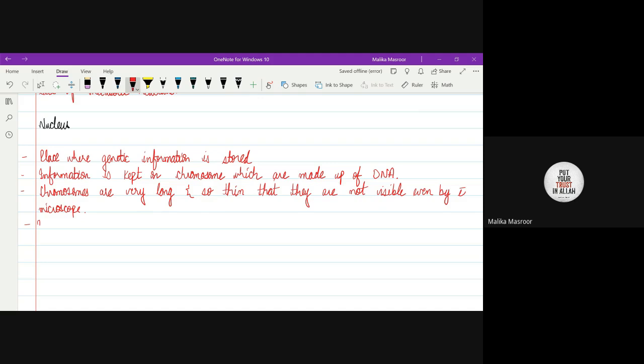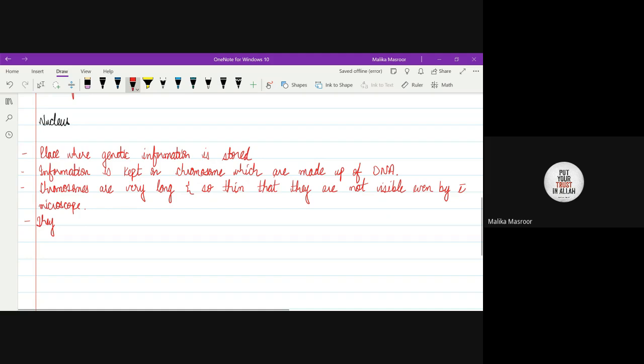They can be seen at the time of cell division, since at that time they are short and thick, using a light microscope.